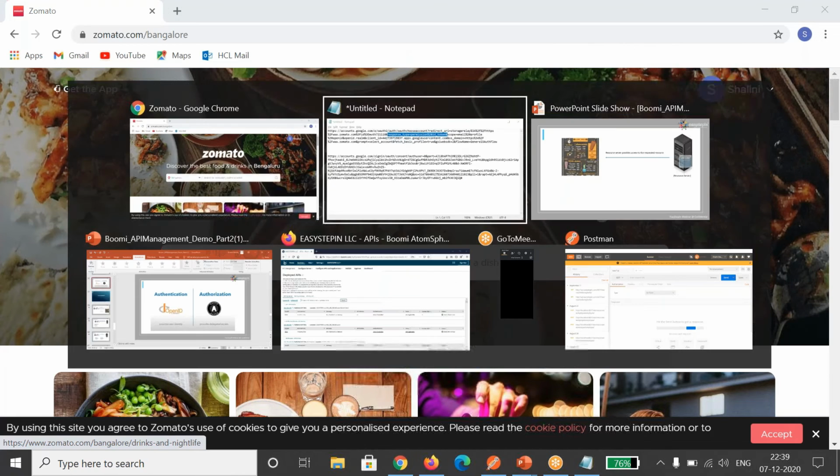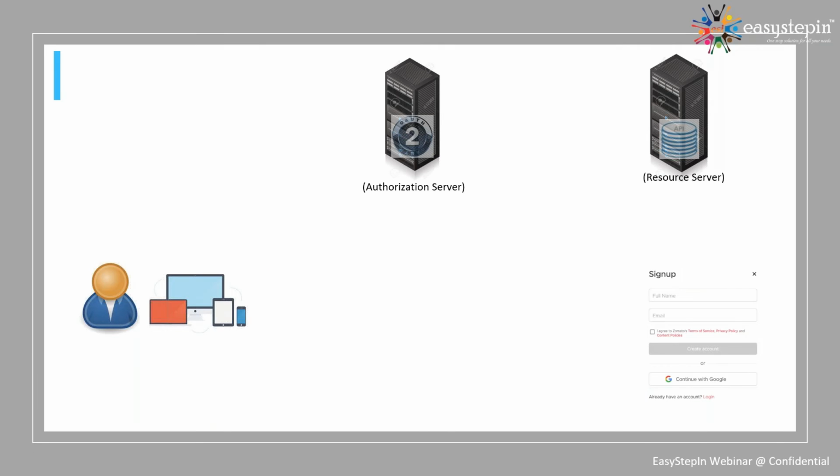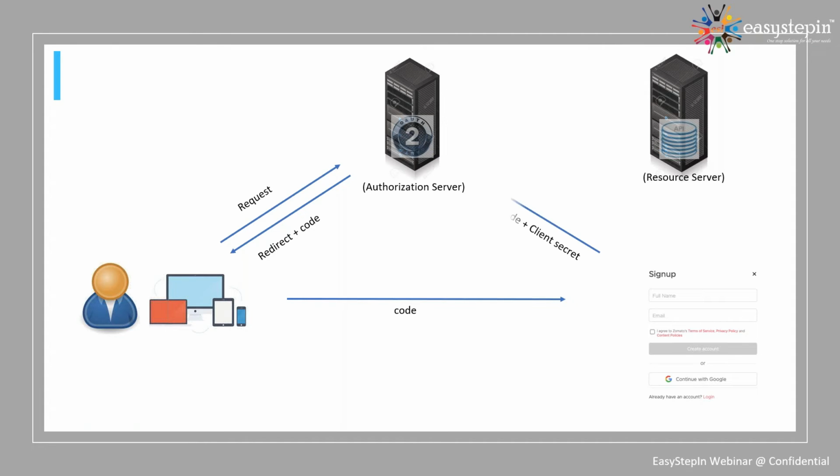Let's go back here and see what's happening at a high level. You've sent a request to the authorization server. A temporary code is shared. You share that code with the Zomato application server. The code plus client secret is exchanged with the authorization server. Now the authorization server shares the access token plus the ID token.